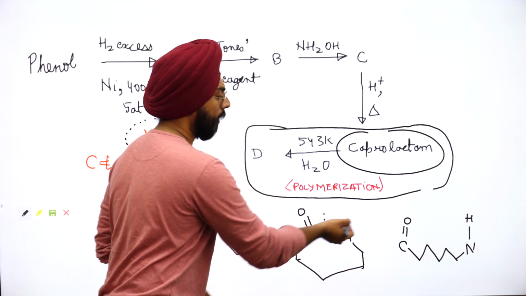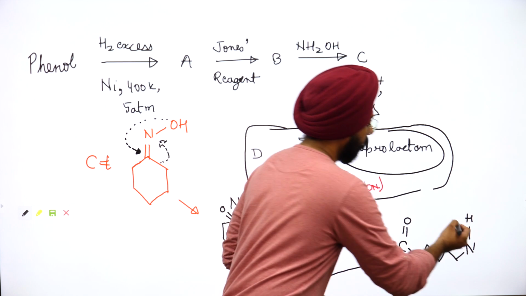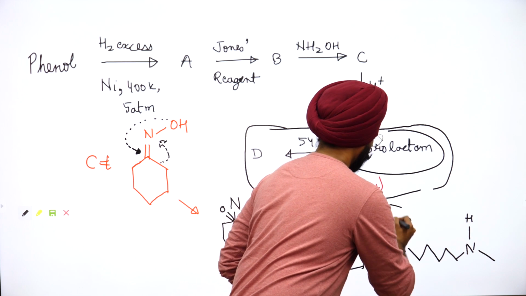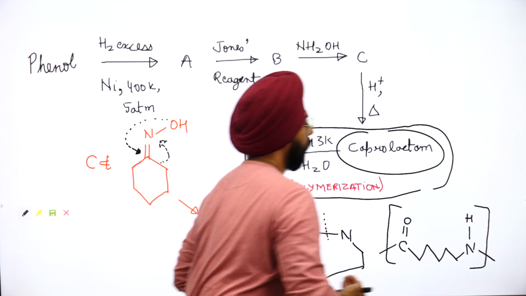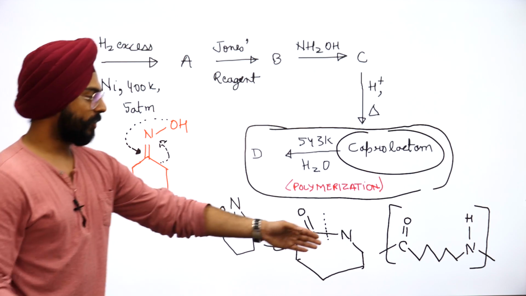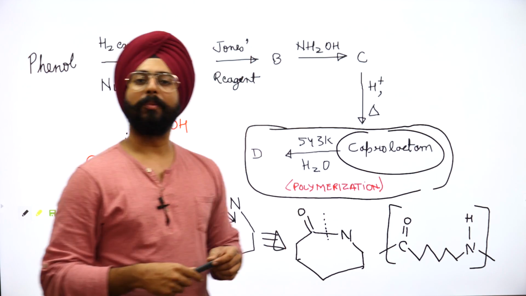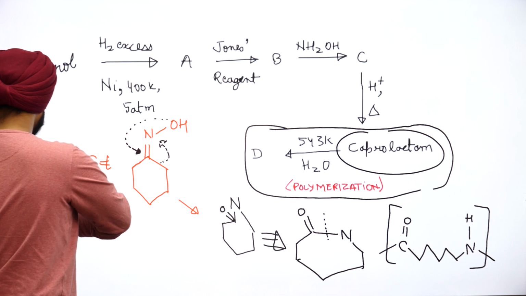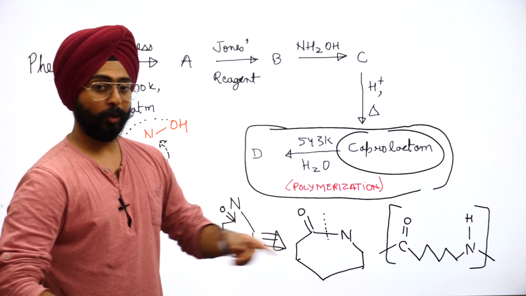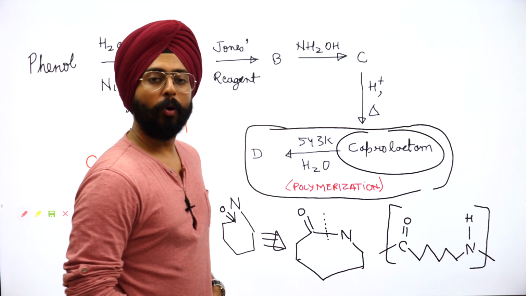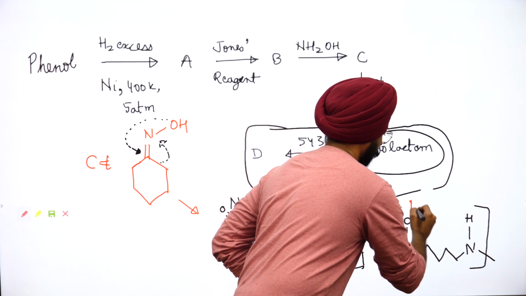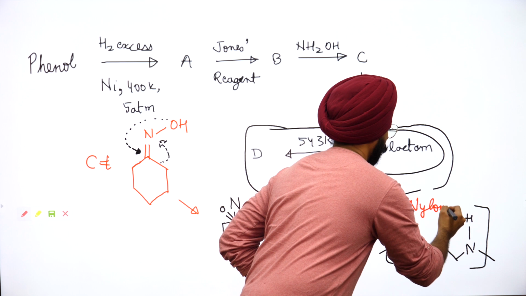Yes, otherwise there is a hydrogen on the nitrogen, of course. And this particular thing will keep on repeating. This is the polymer. People, do you recognize what polymer this is? Do you remember what polymer this is? This polymer is known as nylon 6.